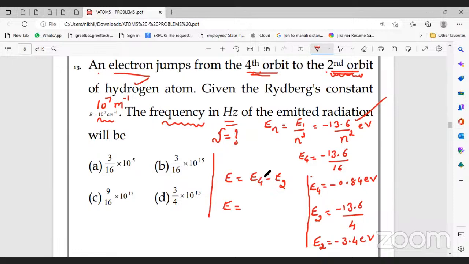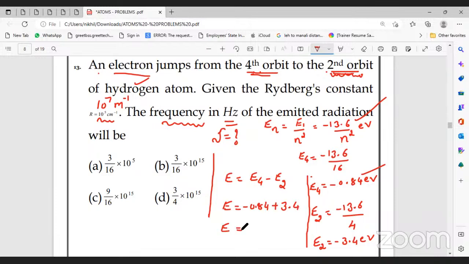So if you know E4 and E2, can't you calculate the energy emitted when the electron comes from fourth orbit to the second orbit? Yes, you can. E is equal to E4 minus E2. E4 is minus 0.84. Minus of minus will be plus 3.4.